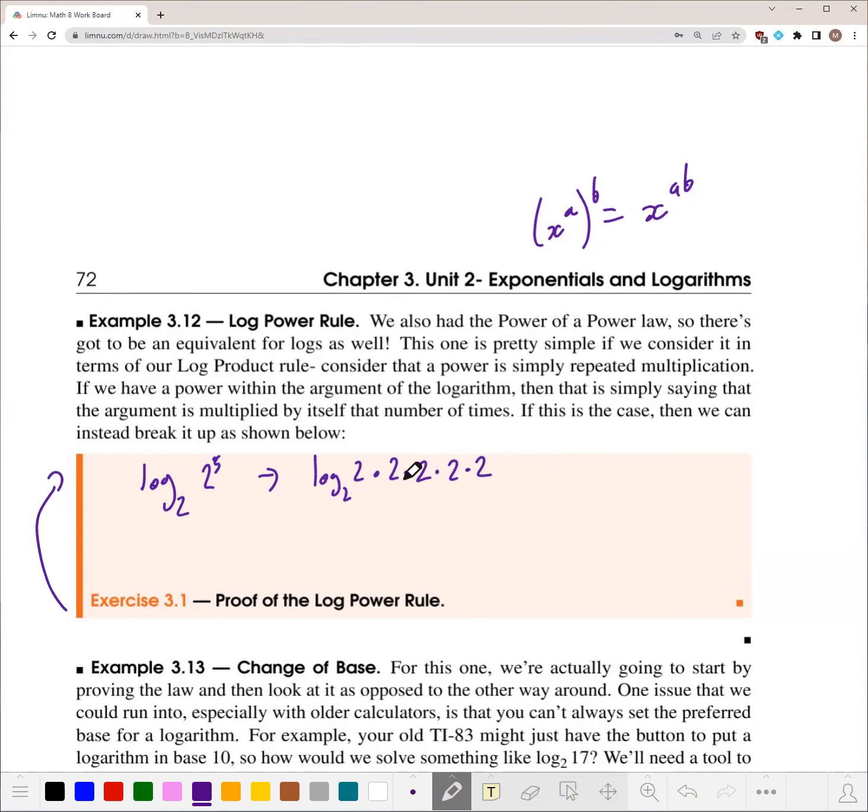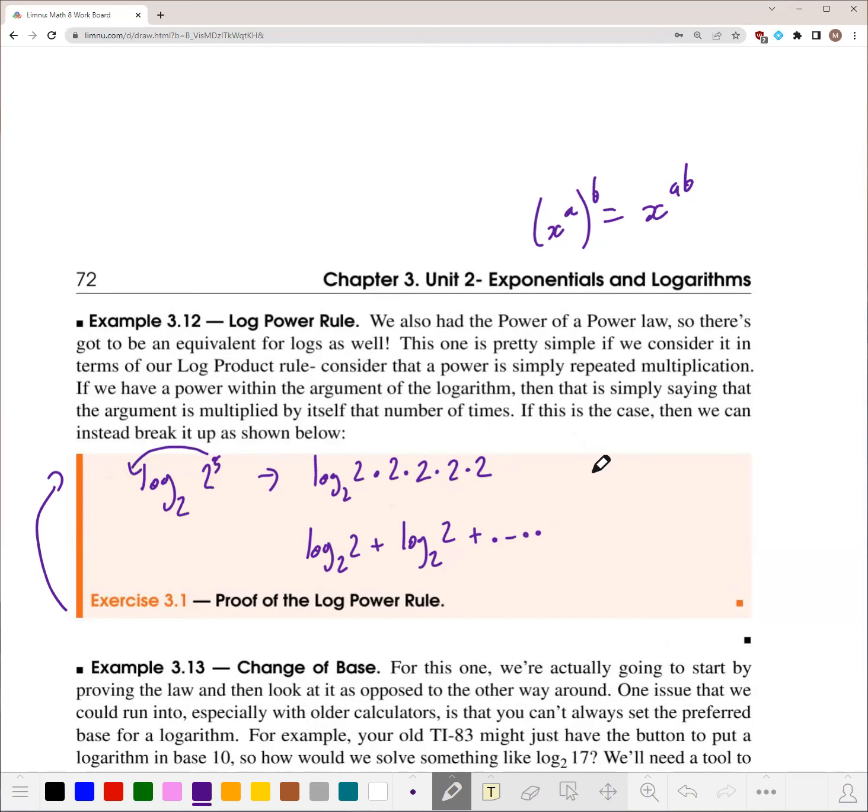And this, I know I can break down then into log base 2 of 2 plus log base 2 of 2 plus, and so on and so forth. And so I end up with 5 log base 2 of 2's. So I can actually just bring this exponent into a coefficient at the front.